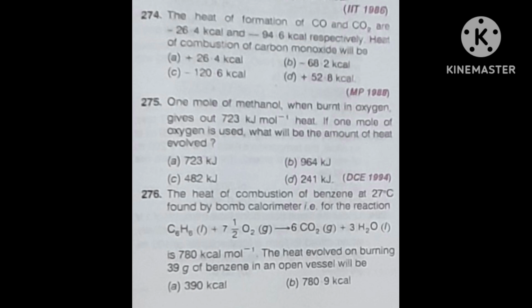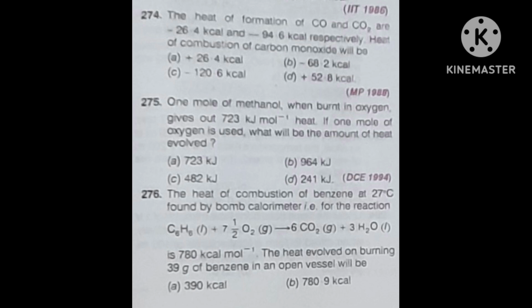Then methanol plus 3 by 2 O2 gives CO2 plus 2H2O, and the delta H value that is given is minus 723 kilojoule. But you should write the balanced reaction, because this will help you.